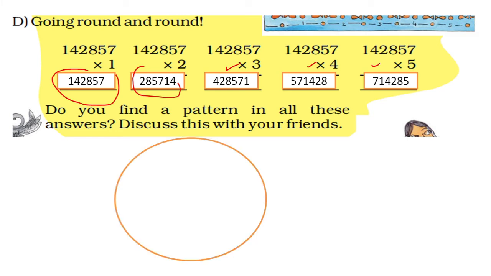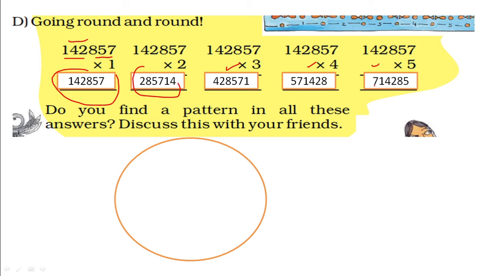Okay, look at, there are 6 digits, 3 digits, 3 digits, 6 digits. One thing you can notice, all the answers has these digits only. No answer has digits outside these digits. 142857, 142857, 142857, means all the answers are with the same digits.